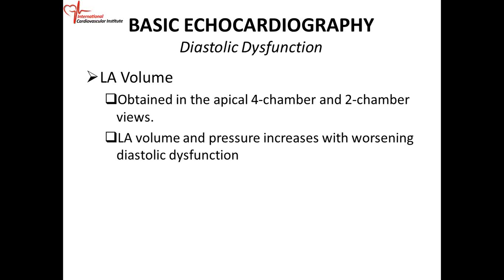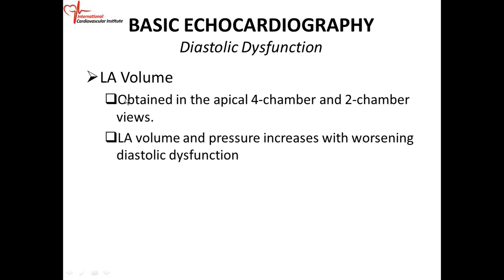But there's a push now to measure left atrial volume, and this is done in the apical 4-chamber view and the apical 2-chamber view, using what we call the area length method. You measure the area of the left atrium and you measure the length, and I'm going to show you what to do with that.